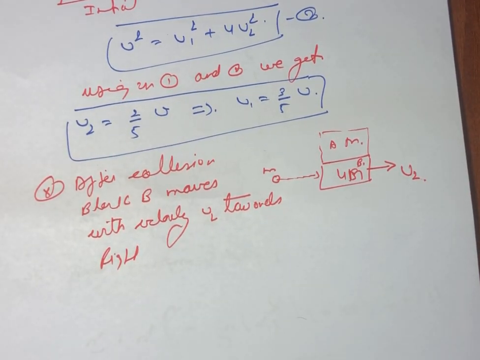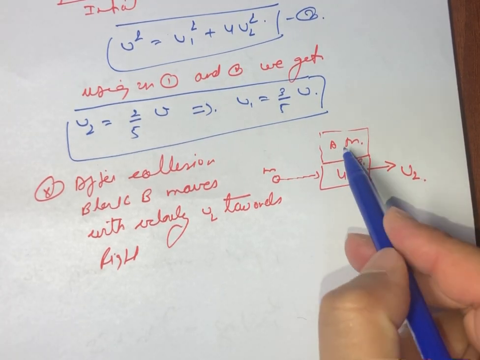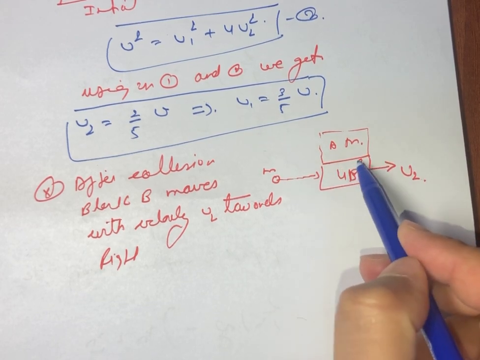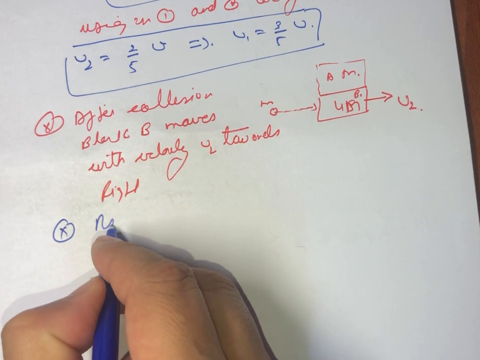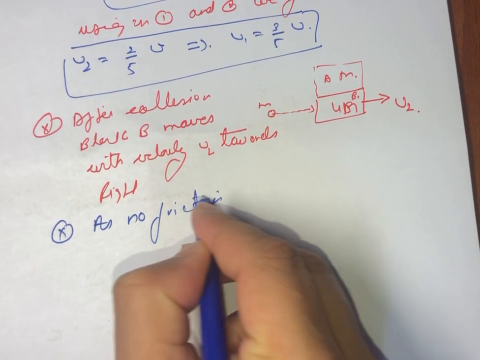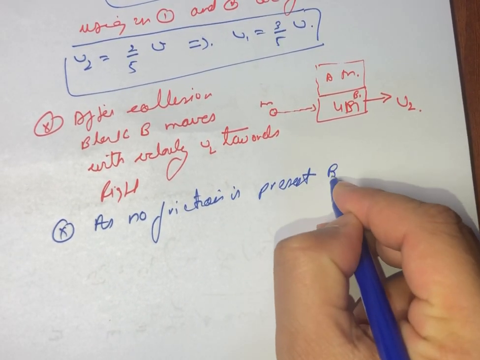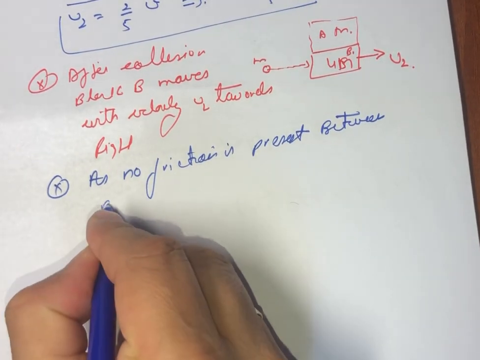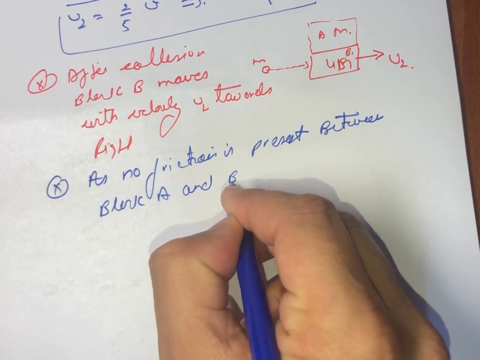And as there is no friction between A and B, the block A will have the tendency to remain in its original position, as no friction is present between block A and block B.